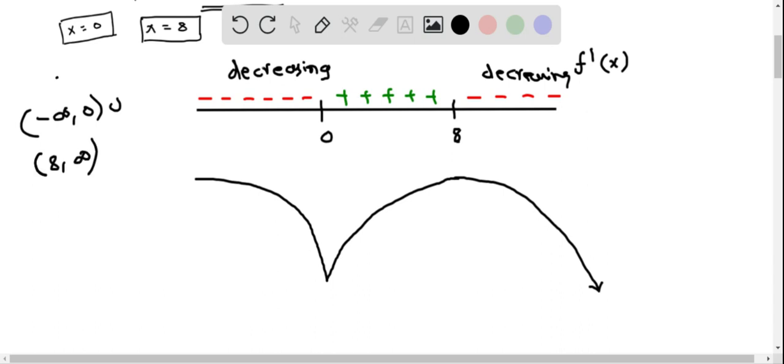The function is decreasing there. And the only increasing interval is from 0 to 8. In this interval, the function is increasing.